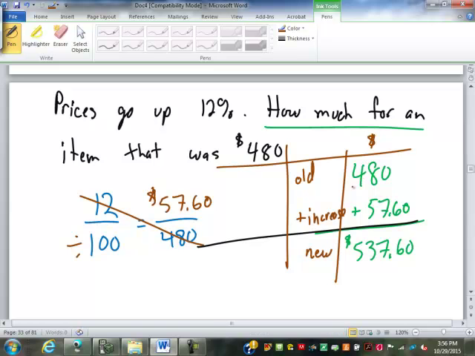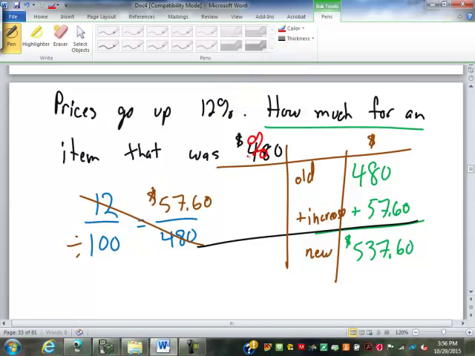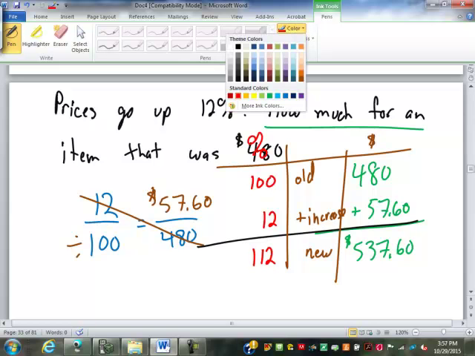In this case, there's a dollar amount here, but everything is also described by a percent. The beginning amount or the full amount is usually 100%. So the old price was 100%. The increase was 12%, which means that the new price, well, it's old plus increase equals new, right? 100 plus 12 is 112. The new price is 112%.